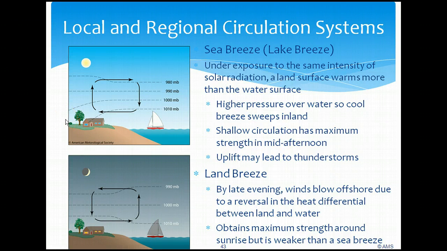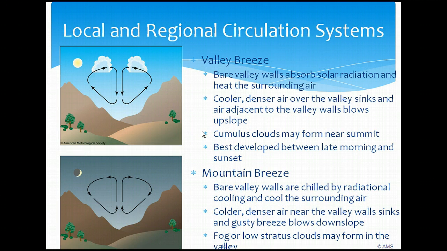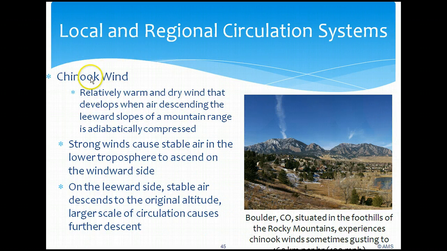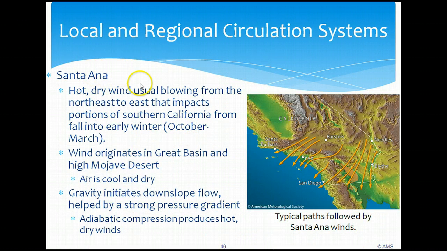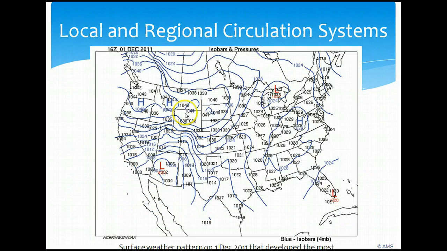Each of these local and regional circulation systems is fairly self-explanatory. Valley breezes, mountain breezes, Chinook winds, Santa Ana winds, and the patterns associated with them are local and regional circulation systems. So I'll ask you to look those over by reviewing the slides and your text associated with that.